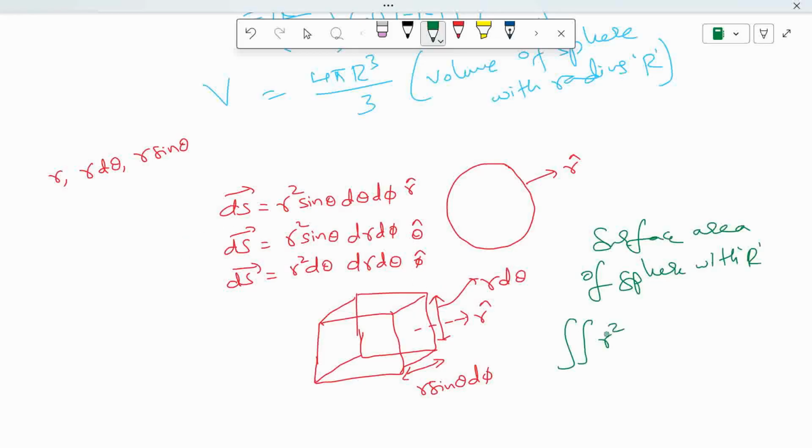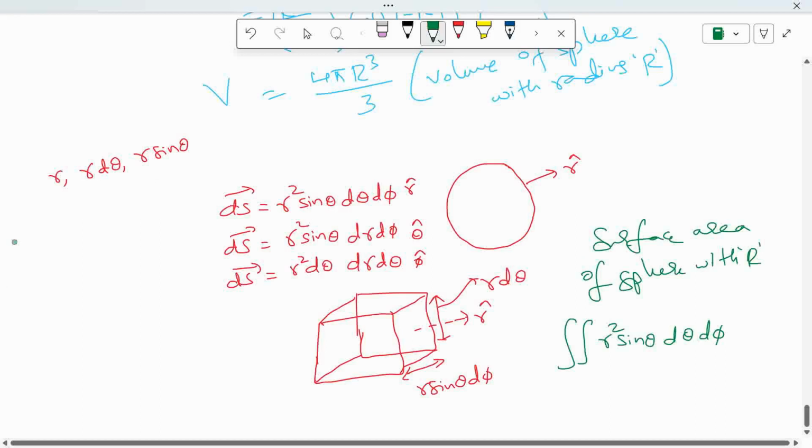Surface element, I am just writing r square sin theta d theta d phi. And we know the value of r directly, which is radius. It is constant because we are considering the surface which is at a distance r from the center, so r square. Now limits we will apply d theta as 0 to pi and 0 to 2 pi.